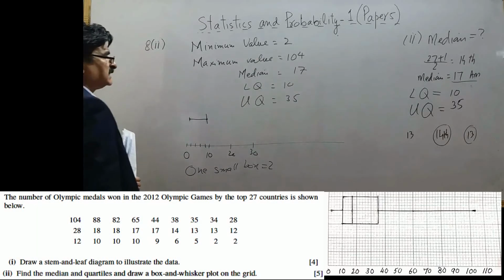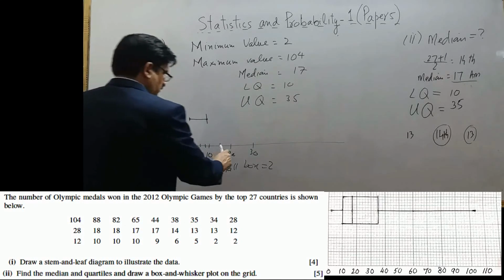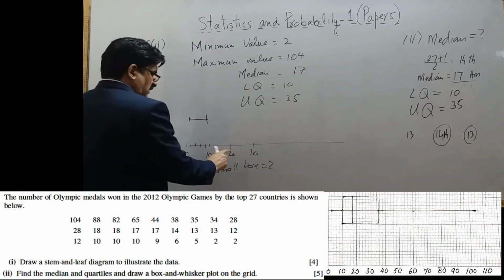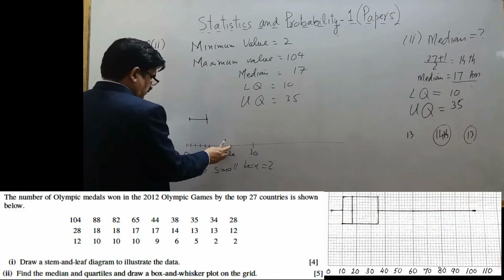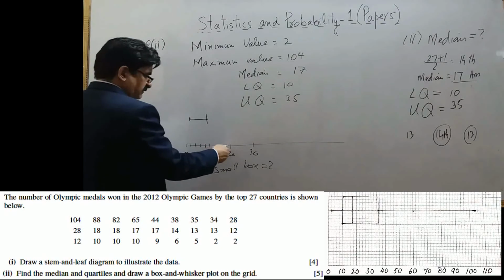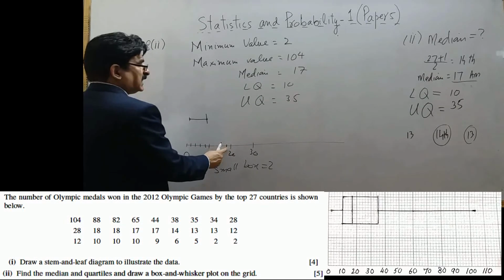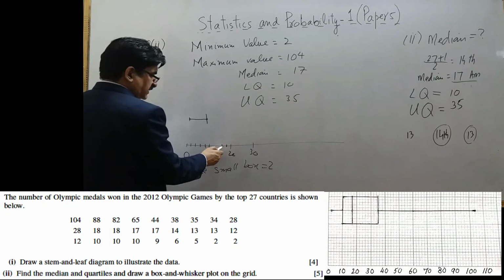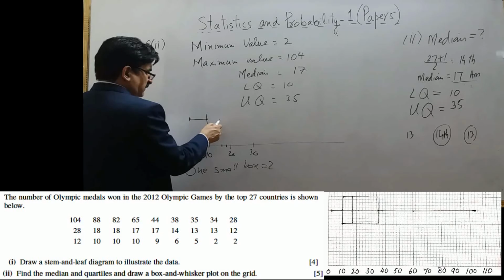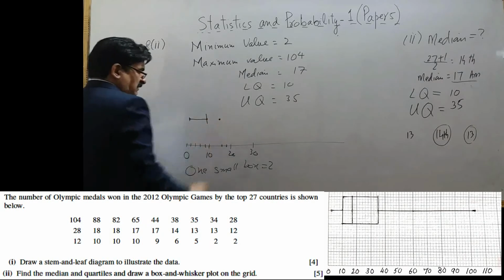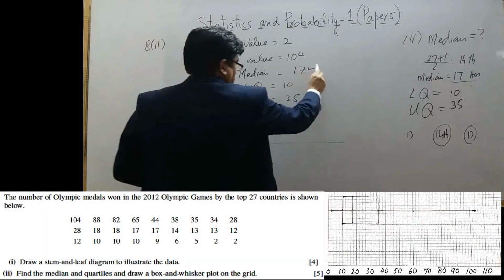Now the median is 17. So this is 10, this is 20. 17 means if you move one box back from 20, it will be 18, and this will be 16. So between 18 and 16 is 17. So somewhere here you will have the median value.